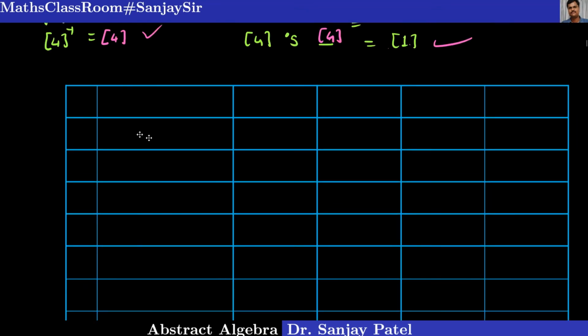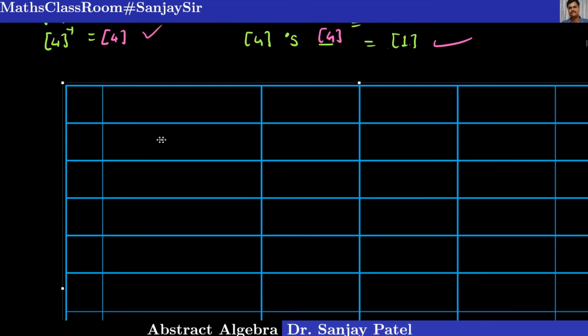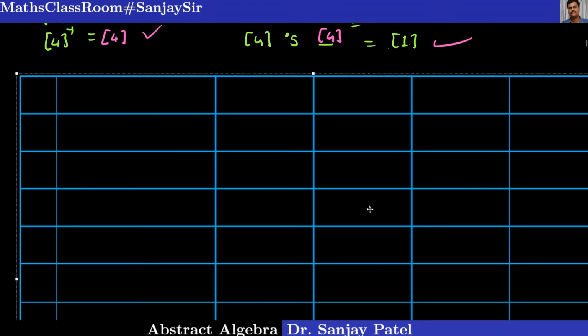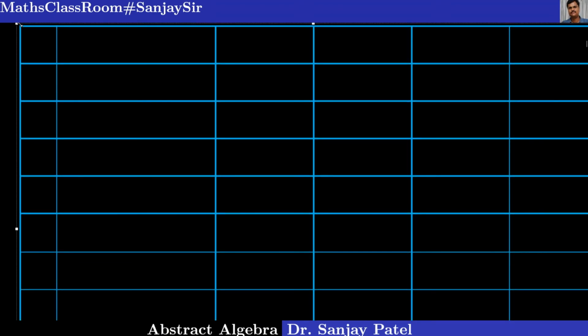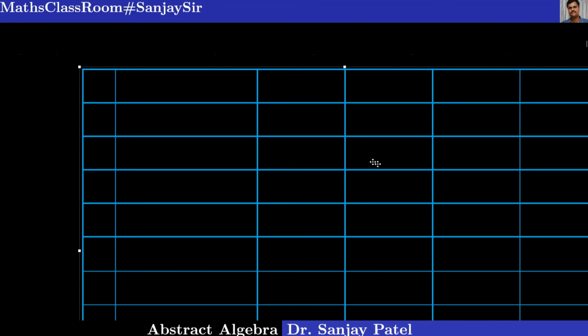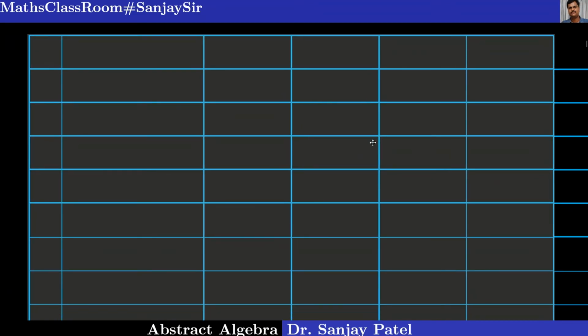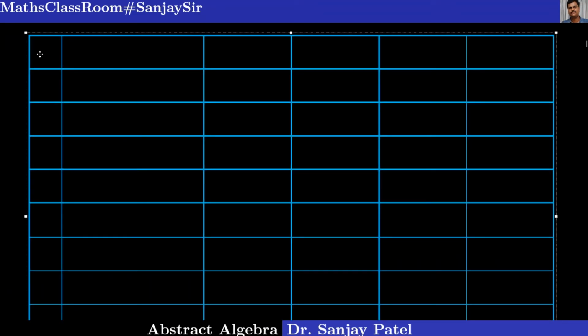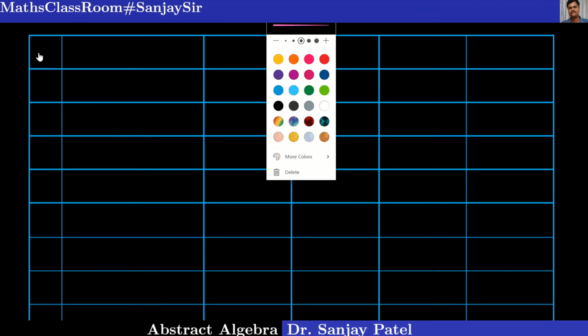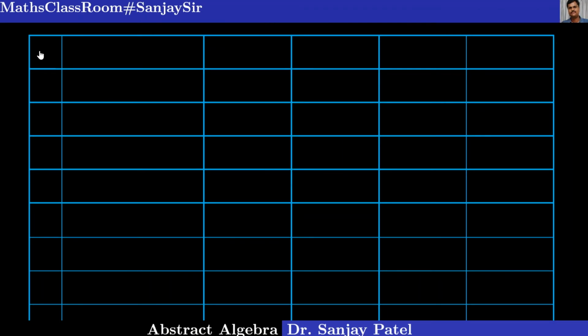So what I am going to do here is, it is too large. Let me make it small so that we can understand everything at a time. Now let me put the title here. This is a problem number, or say just a serial number.